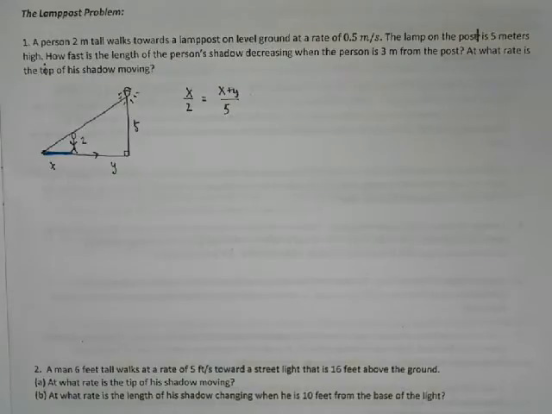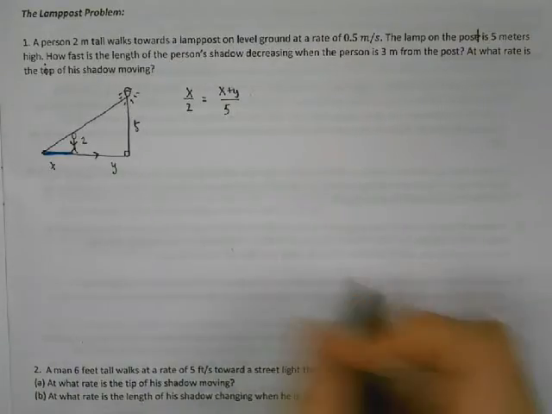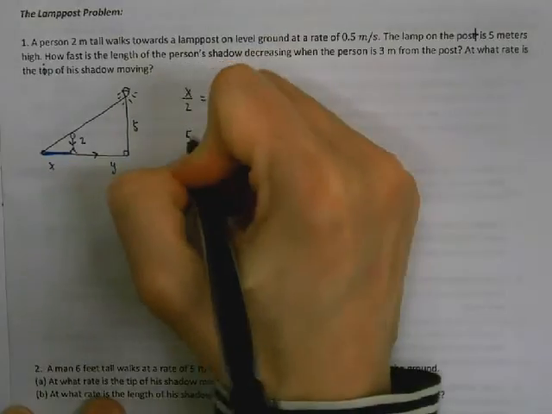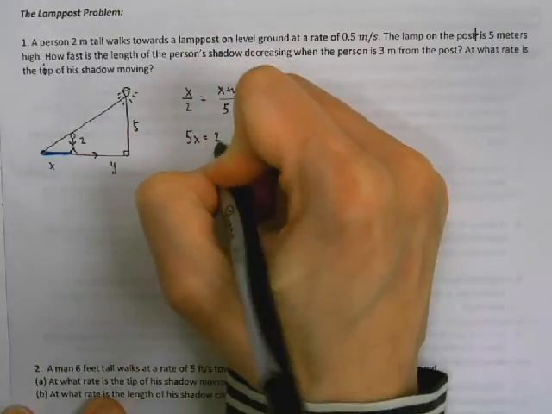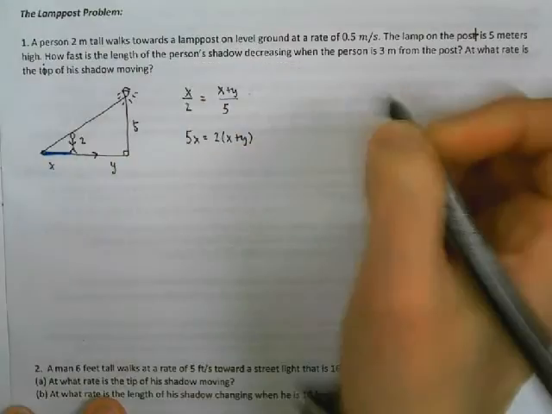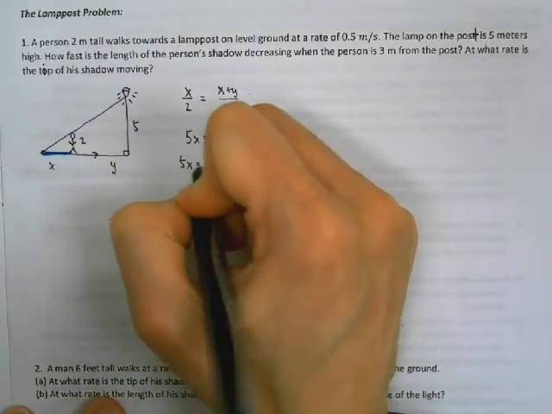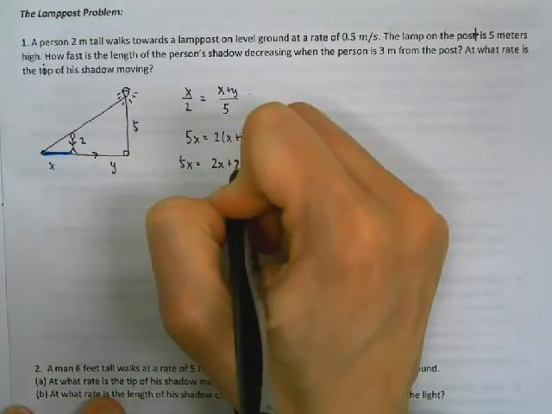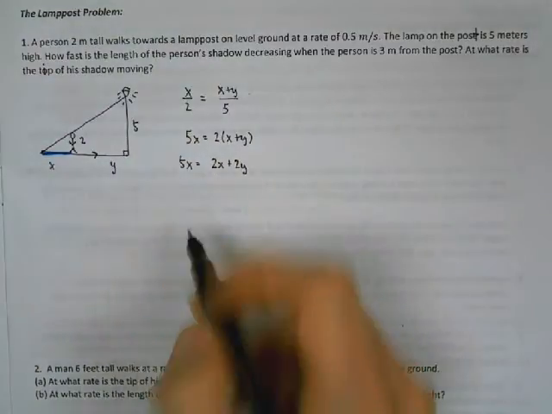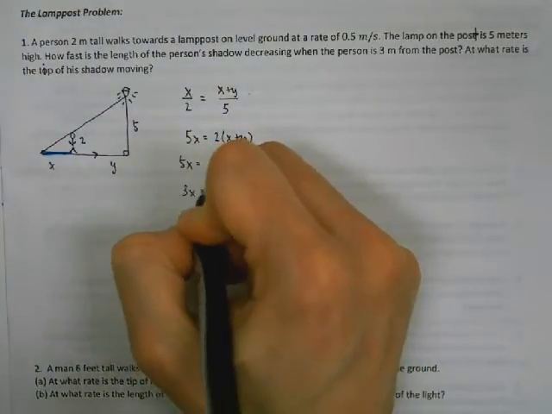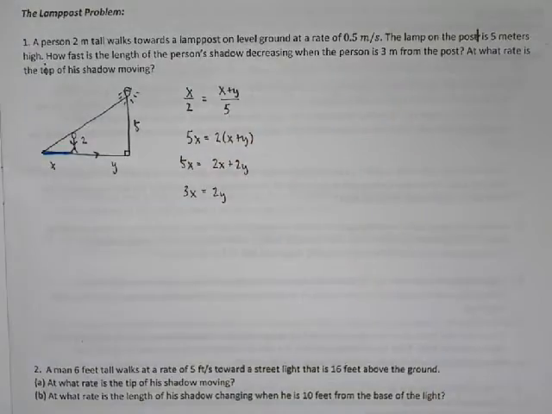Now, before I differentiate, I'm going to do a little bit of simplification. I'm going to cross multiply. I get 5x equals 2 times (x plus y), so 5x equals 2x plus 2y. And then if I collect all of my x terms on this side, I get 3x equals 2y. So now I've got a nice, simple equation that relates these variables together.